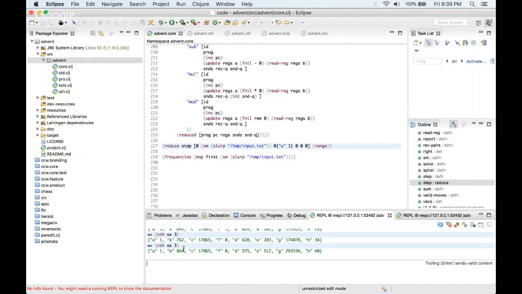And it's going pretty slowly. It's only 5% done.